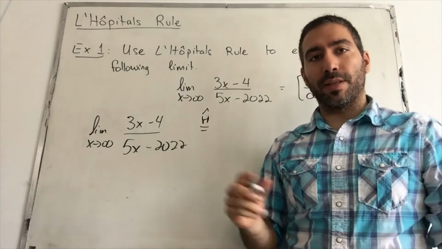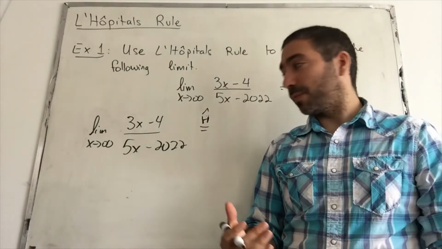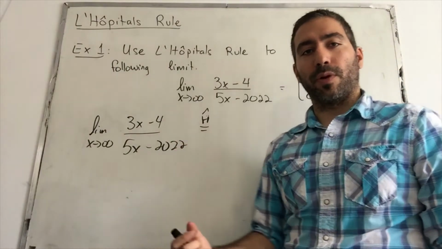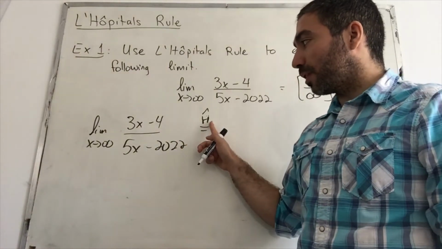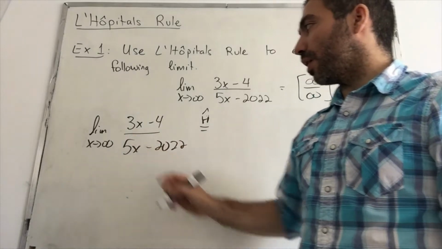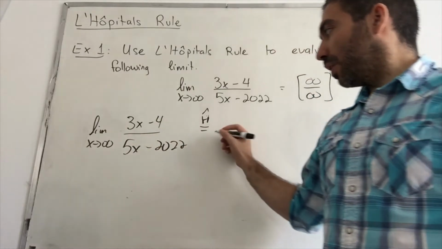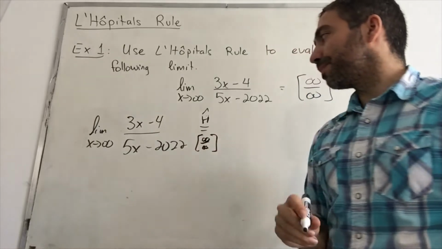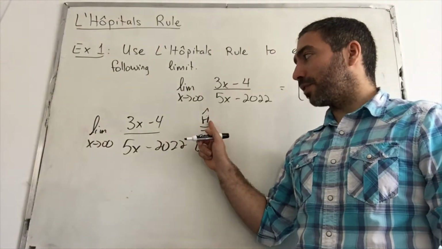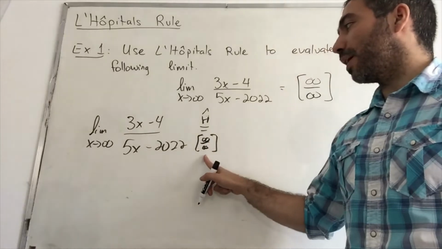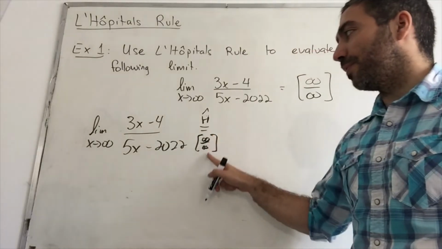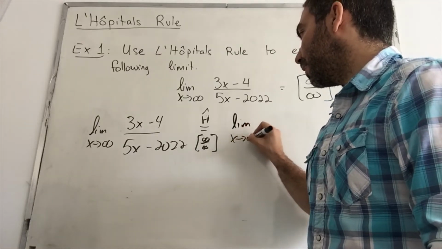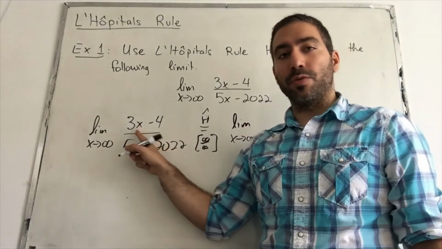This h tells me that I'm about to apply L'Hopital's rule, and on top of it we're going to write which type of indeterminate form we are dealing with. So we're using L'Hopital's rule at this stage, and we have an indeterminate form infinity over infinity. Okay, so you state that you're applying L'Hopital's rule at this step, and you're using the indeterminate form infinity over infinity. So what we're going to do now is take the limit as x goes to infinity, and we're taking the derivative of the numerator.